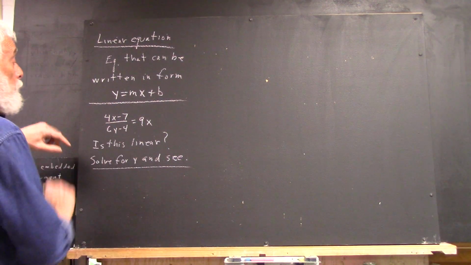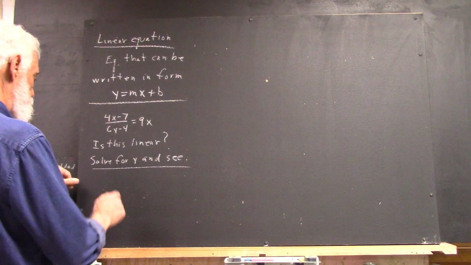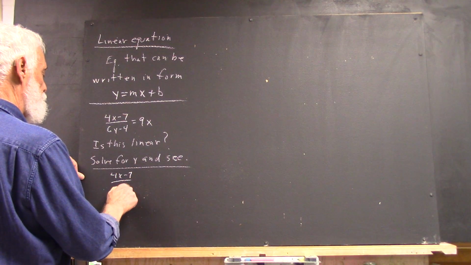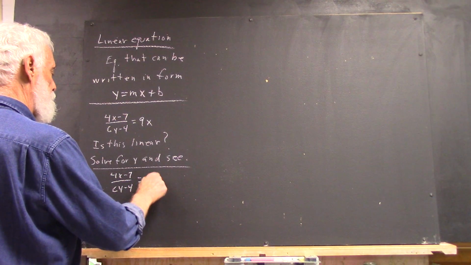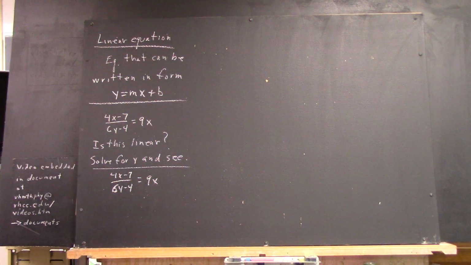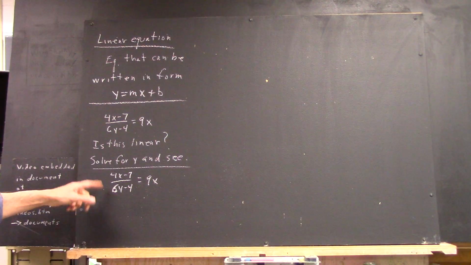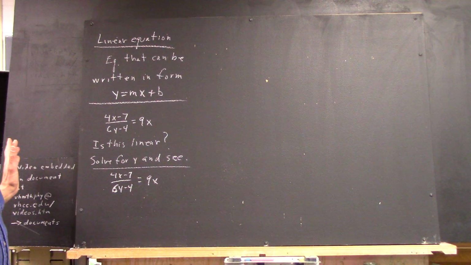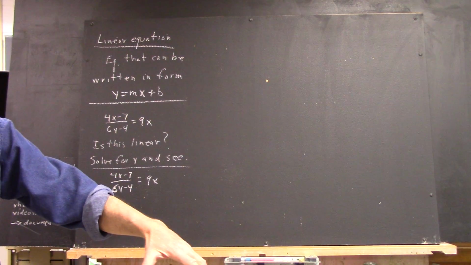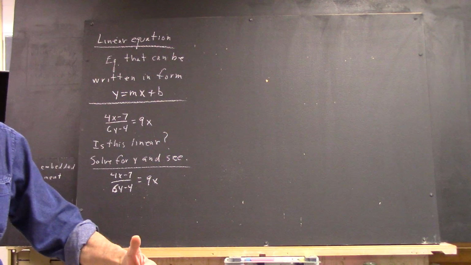Okay, well anyhow, we have 4x minus 7 over 6y minus 4 equals 9x. Now I hope, because I've said it many times and done it many times, that you understand that whenever you have a denominator in an equation, you multiply both sides by that denominator, or if there's more than one denominator, by some common denominator.